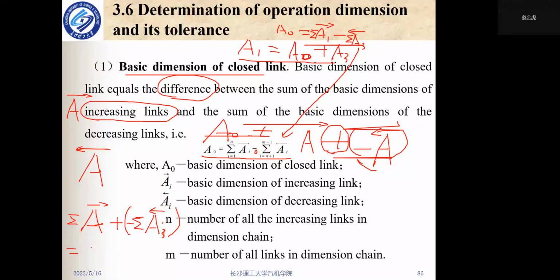It equals, if we rearrange this one, it equals this one.